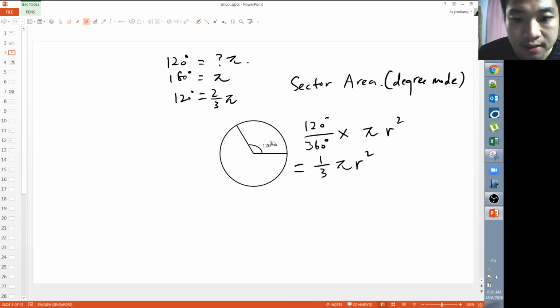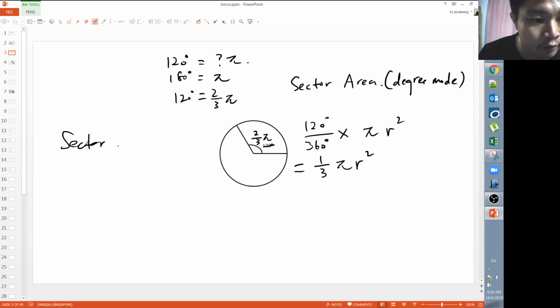So since this 120 degrees, I converted it into radian mode, which is 2/3 pi. What I'm going to do right now is find out the, oh, it's not arc, it's sector area I'm talking about now.